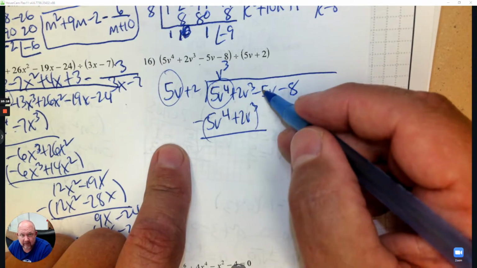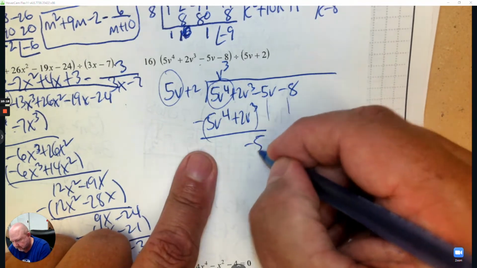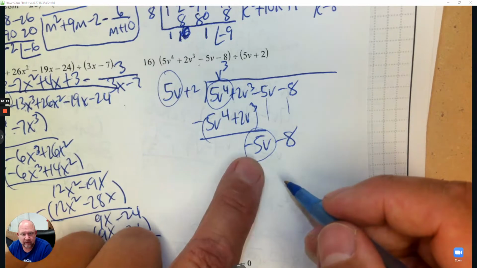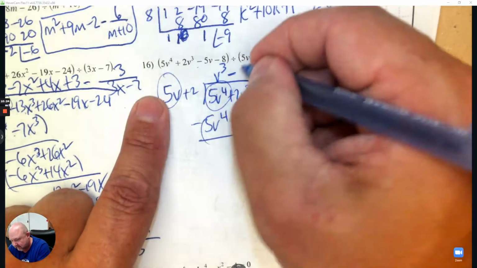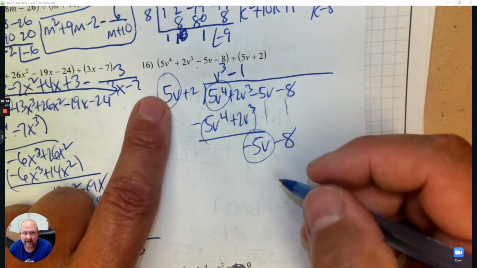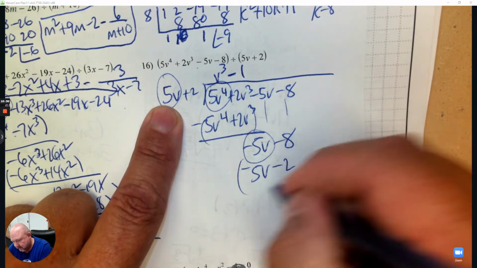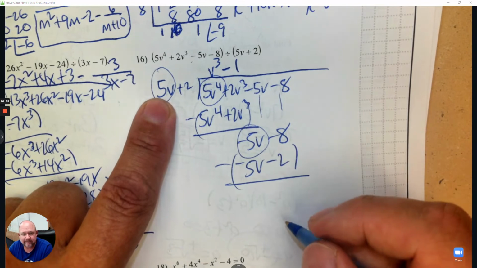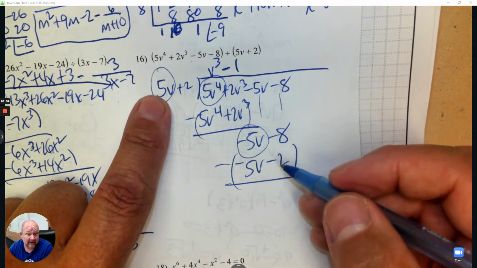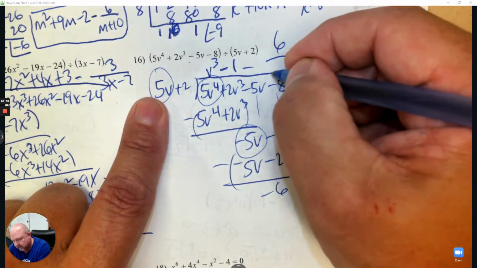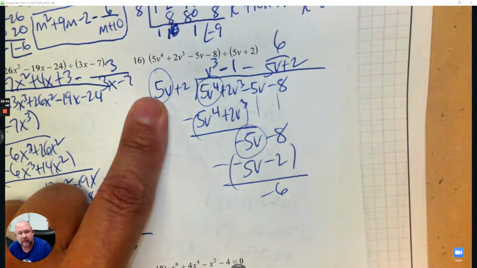So with no remainder, I just bring down the last two terms and then use it. So now the power term divided by the power term, negative 5 divided by 5 is negative 1. The v's divide out. Multiply times negative 1. Be careful when you subtract. So when you subtract a negative, you're adding. So negative 8 plus 2. And then that's the remainder. So 6 on top and then 5v plus 2 on the bottom.